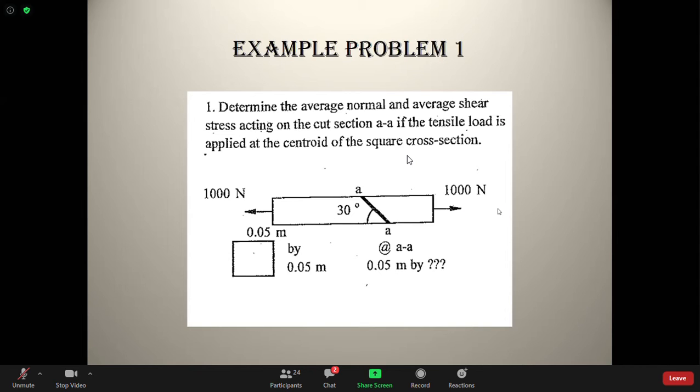But the question wants you to find the stress. It's just saying determine the average normal and shear stress acting on the cut section AA. That's what we want to find. And the dimensions of the cross-sectional area are given as 0.05 meters by 0.05 meters.